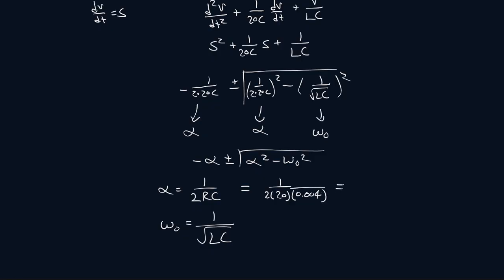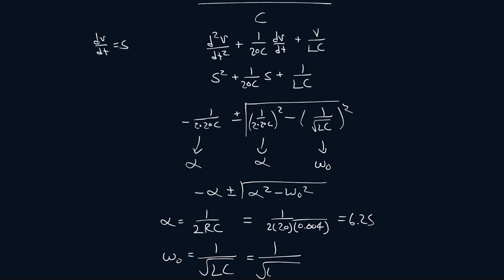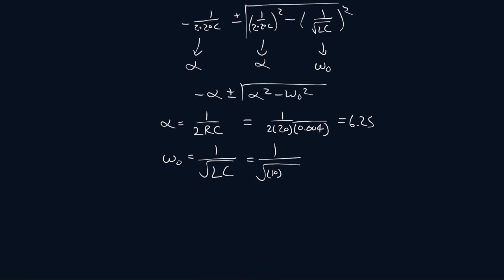And this is equal to 6.25. And this is equal to 1 over the square root of LC. So L was 10 times 0.004. Okay, and let me see what that gives me. That gives me 5. And these are in radians per second.